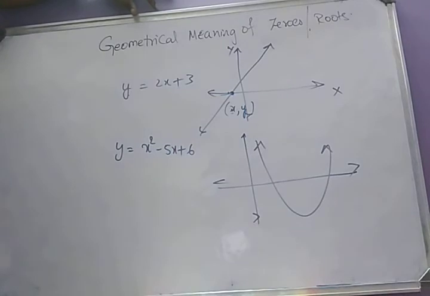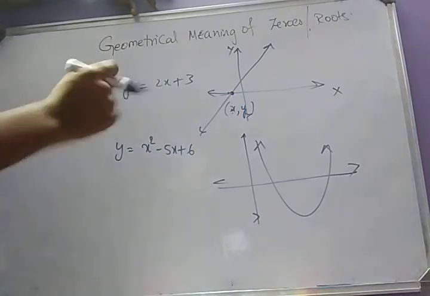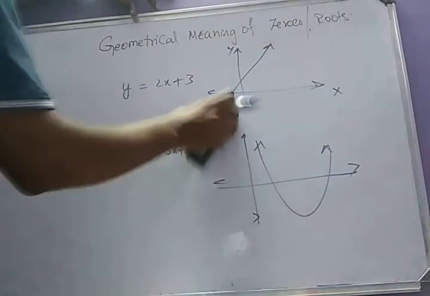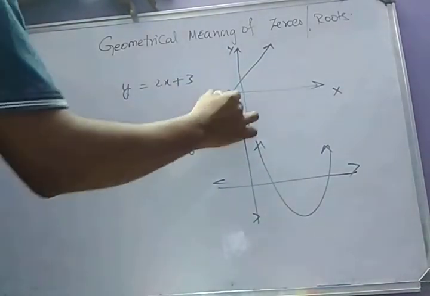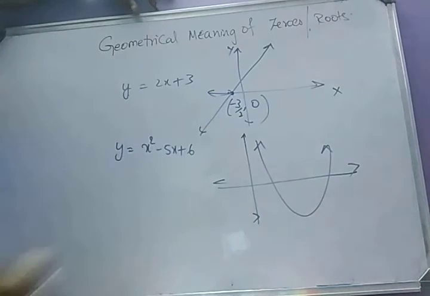If you actually draw the graph, this point will be minus 3 by 2 comma 0. Look, the x-coordinate is minus 3 by 2, which is nothing but the zero of this polynomial.